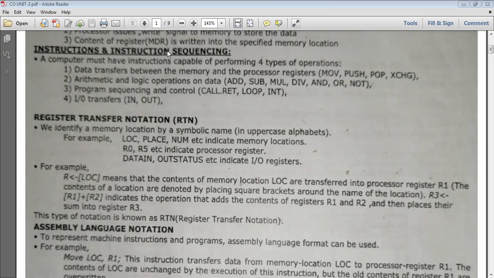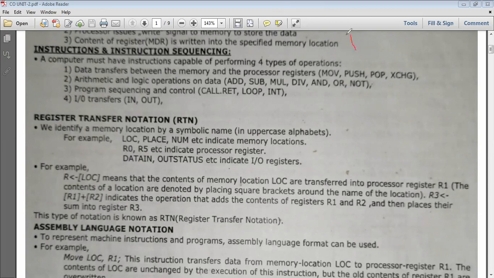So the next topic is instructions and instruction sequencing. Generally, what is meant by instruction?